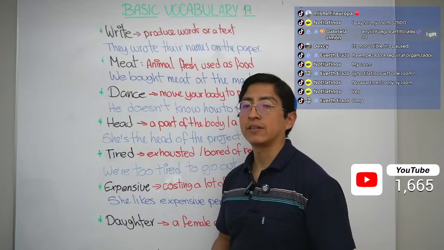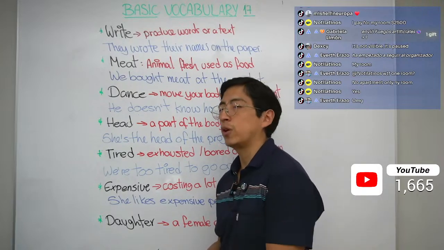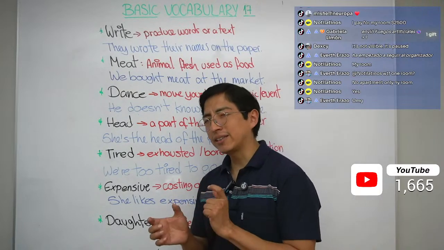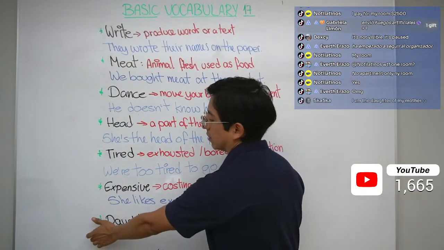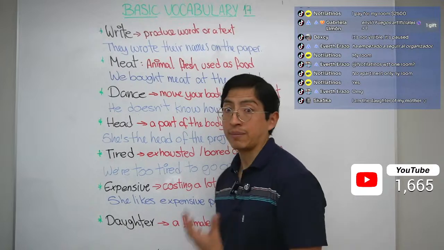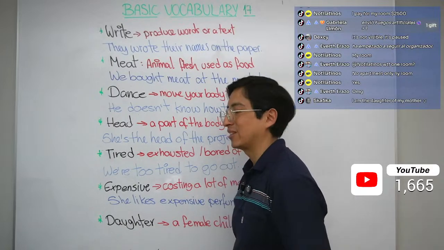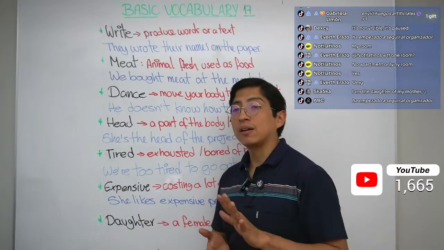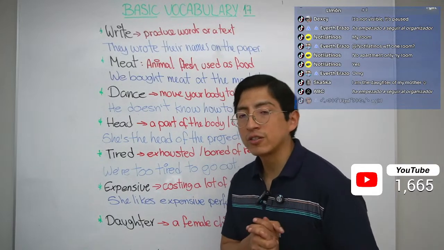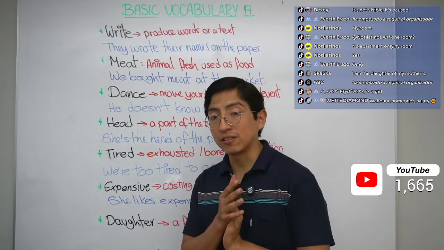Daughter-in-law sería nuera, ¿ok? Así que daughter tiene varias combinaciones. Tú puedes decir inclusive twin daughter, hermana gemela. Bueno, vamos a hacer la última oración de dictado, ¿ok? We're gonna finish with this last sentence.